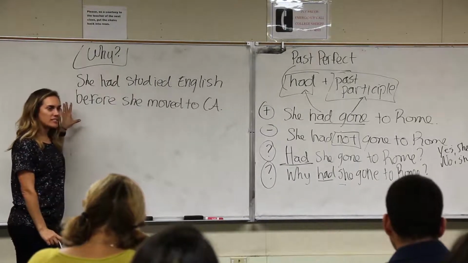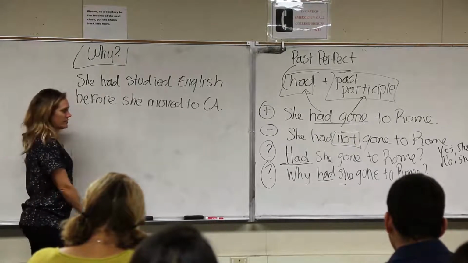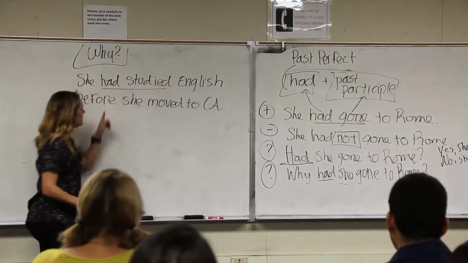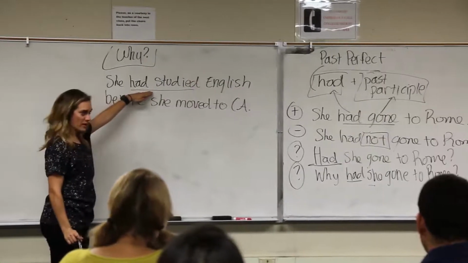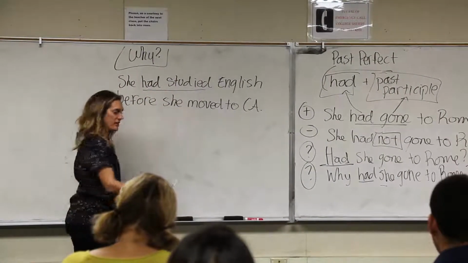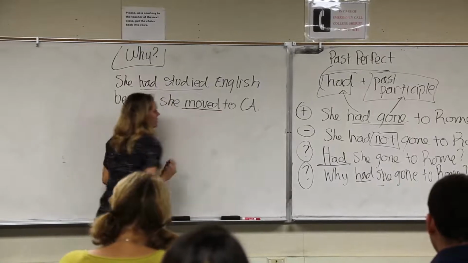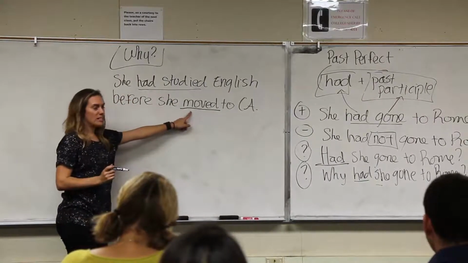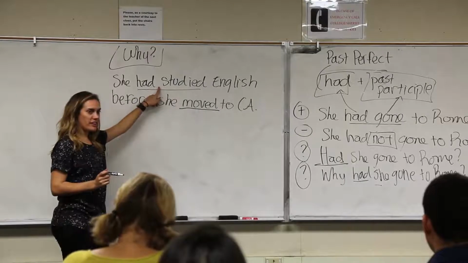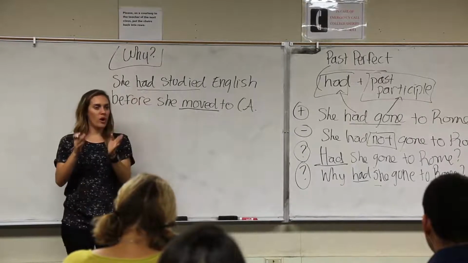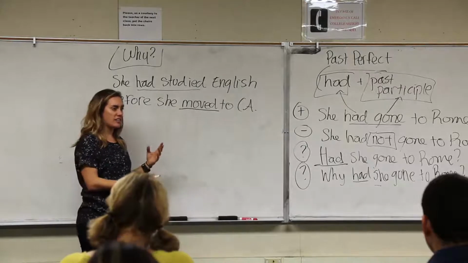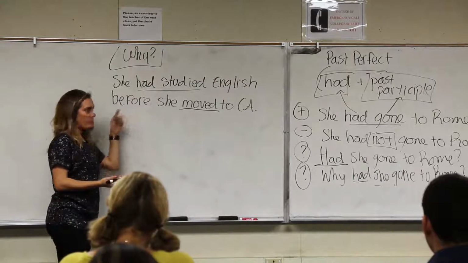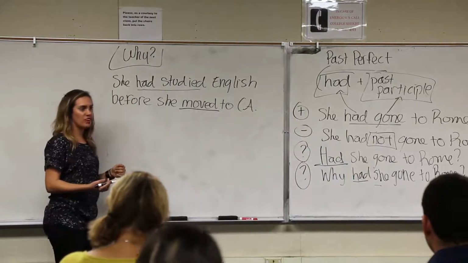Where's the past perfect? Okay. So we have the past perfect, and then what's that? Okay, so then we have the simple past. We use the past perfect when we want to show that something happened before something else in the past. Which one happened first? She studied English or she moved to California?